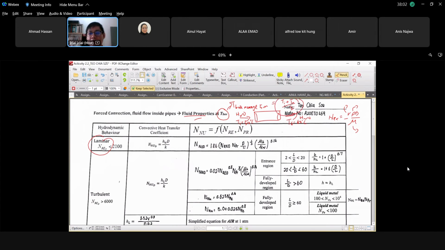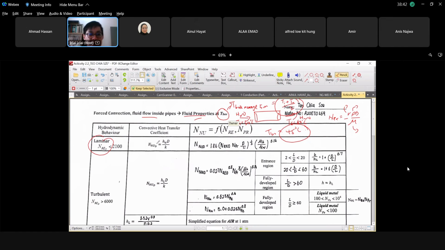In this case, your TB average equals 45 degrees Celsius. So when you search the table for the value of rho and mu, you take the values at 45 degrees Celsius. Okay, this is the meaning. So for flow inside pipe, internal flow, your fluid properties will be taken at TB average.